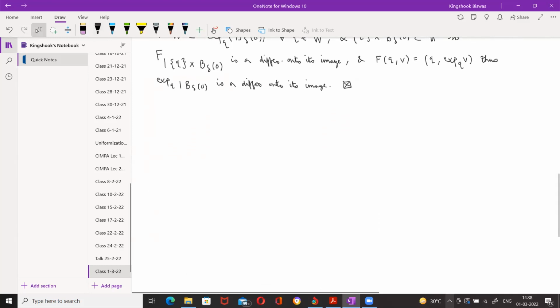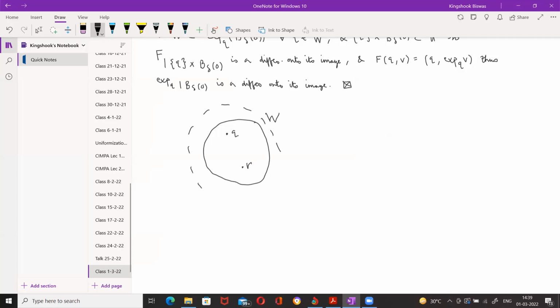The picture is basically we get this W, and now the point is if I take any two points in this neighborhood, say Q and R, then I know that W is contained in the image under the exponential map of the ball of radius delta in the tangent space at Q, right?